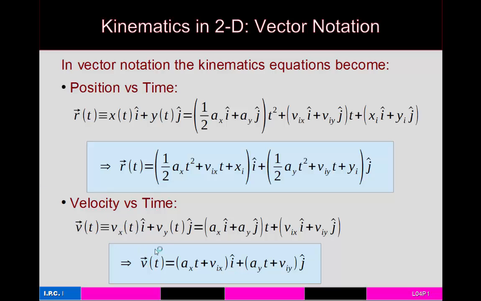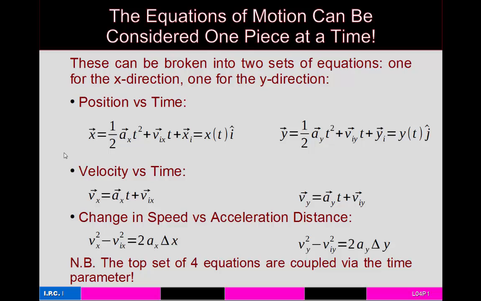And if you wanted to get the velocity versus time, you'd have a x t plus v initial x i hat plus a y t plus v initial y j hat. So again, these can now be broken into 2 sets of equations, or if you have 3 dimensions, you can break it into 3 sets of equations.